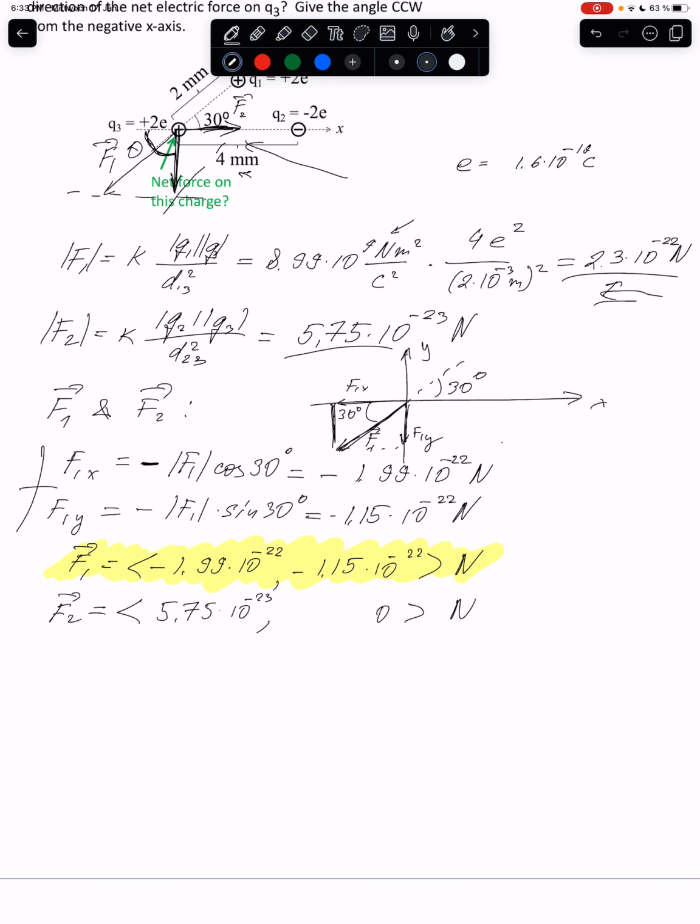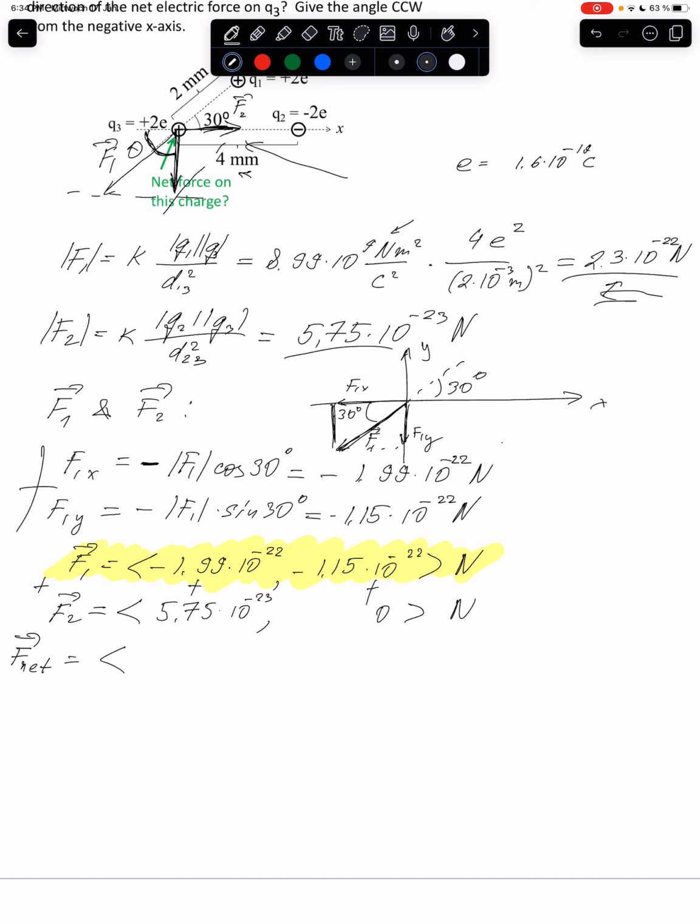Perfect. So now we have these two vectors. What we need to find is the net vector. For this, we need to add these vectors together. How do we add the vectors together? We add the x components together, and separately we add the y components together. So we're essentially just going to add these two numbers and these two numbers and write the answers.